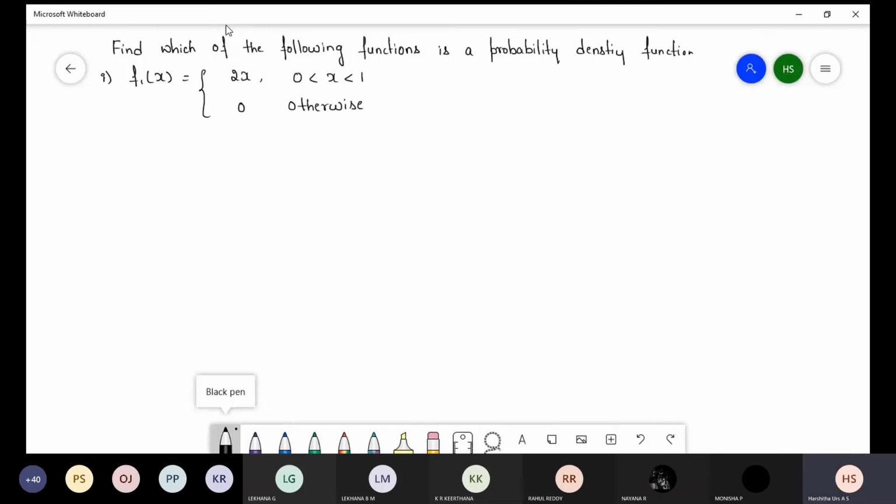So first we have to start the problem with the condition. Conditions for a probability density function, we can write PDF.